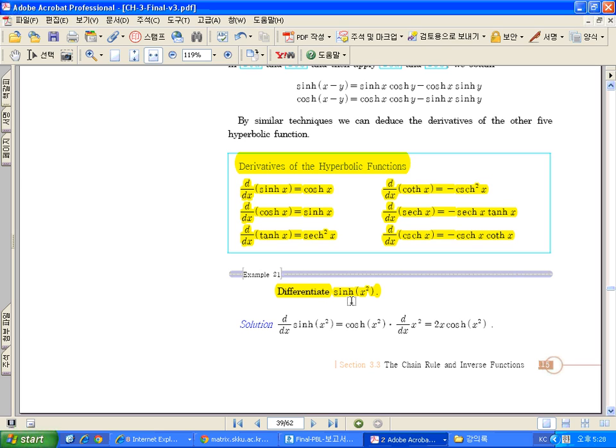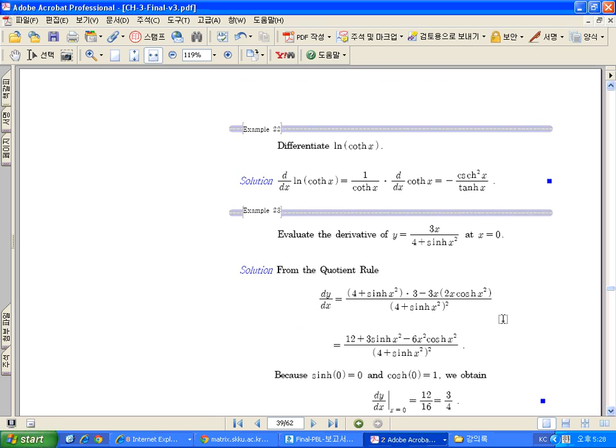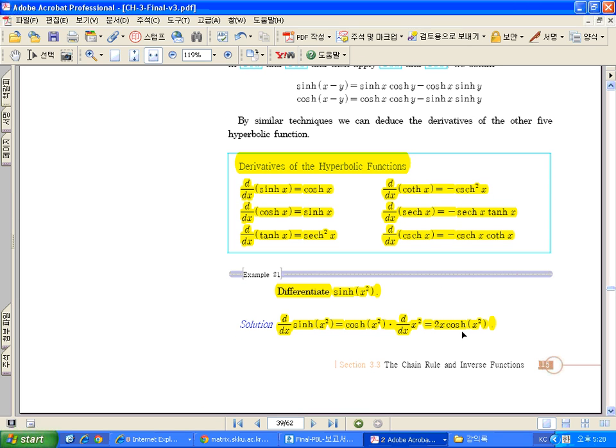Let's differentiate the hyperbolic sine of x squared. Then d/dx gives us this implicit differentiation. The chain rule gives us 2x times hyperbolic cosine of x squared.